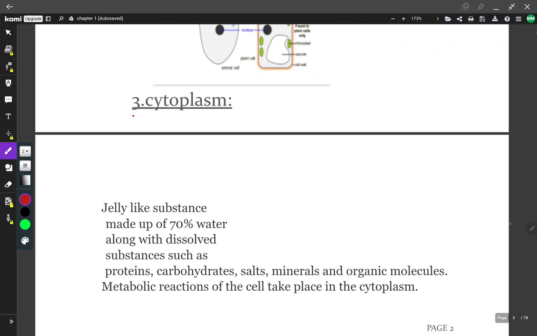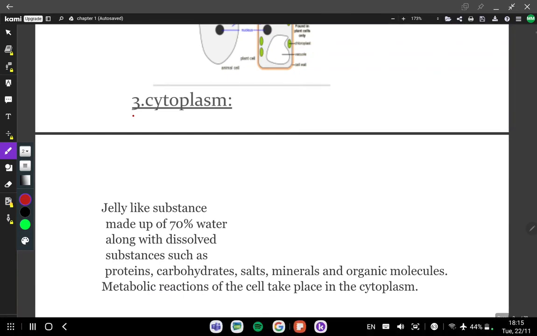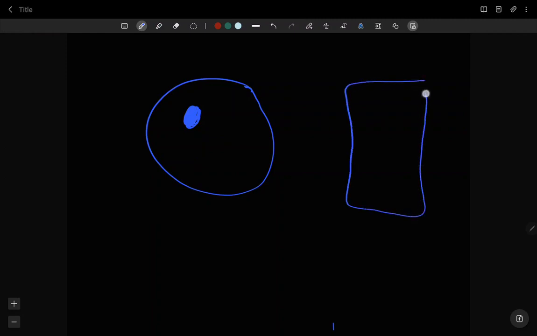So very simply, this is a drawing of a simple animal cell. Animal cells contain a central nucleus, and all the organelles found in either an animal cell or a plant cell, they contain a nucleus, and they contain cytoplasm where all the organelles float inside.